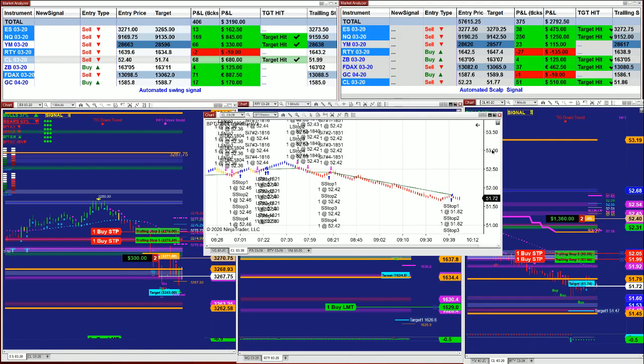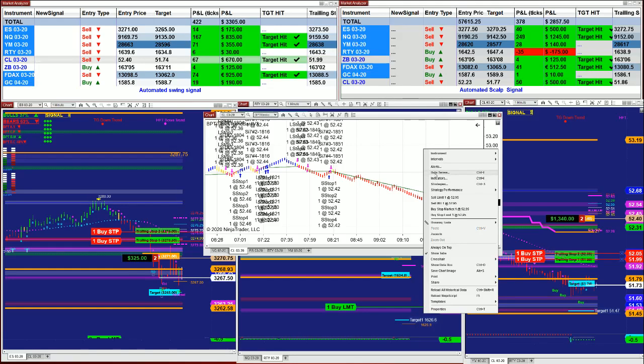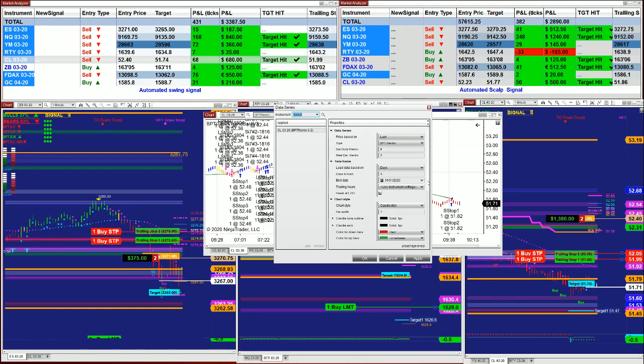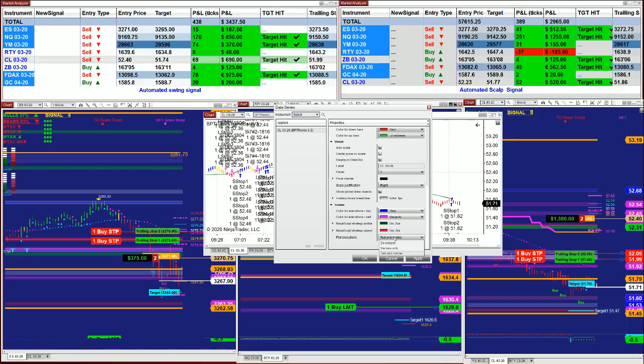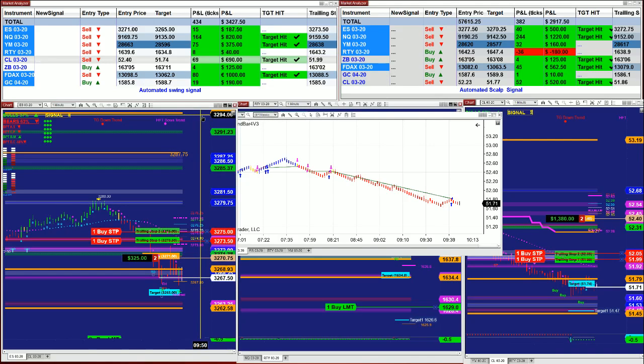It is based on 4 contracts or 1 contract or 2 contracts. It got in at 52.42, and from 52.42 went all the way down to 51.81. So this is a very, very big chunk, and it closed right on time. This is really beautiful on that trade.